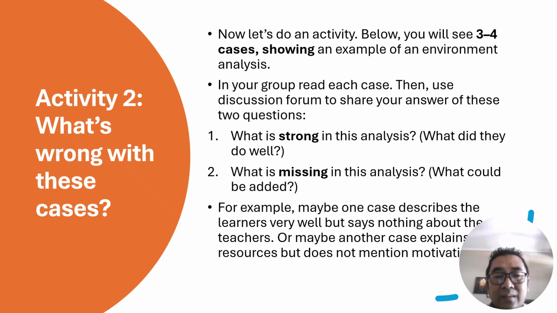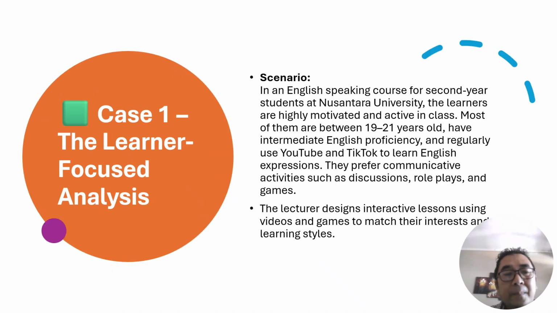What do they do well? What is missing in this analysis? What could be added? For example, maybe one case describes the learners very well, but says nothing about the teachers. Or maybe another case explains that resources are okay, but does not mention the motivation of students, something like that.